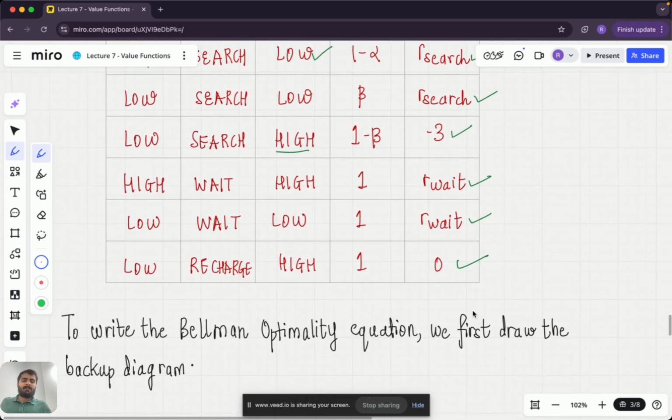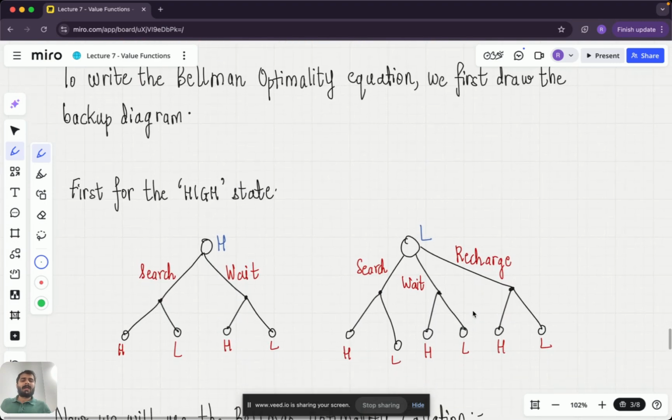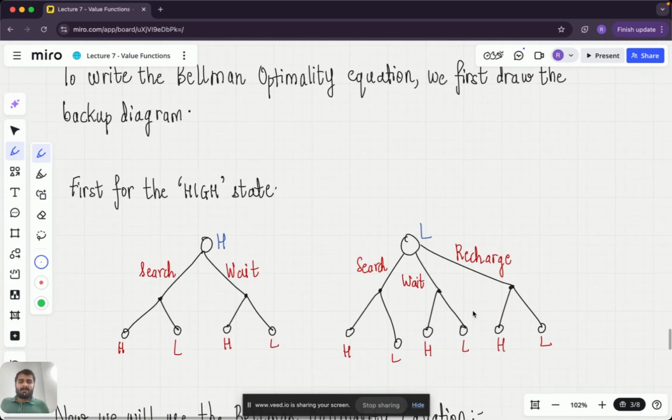So to write down the Bellman optimality equation, we first draw the backup diagrams. One backup diagram is for the high state, and one backup diagram is for the low state. If the robot is in a high state, the robot can either search or wait. If the robot searches, the next state can be either high or low.